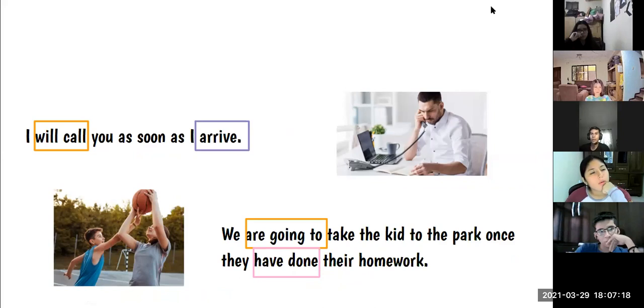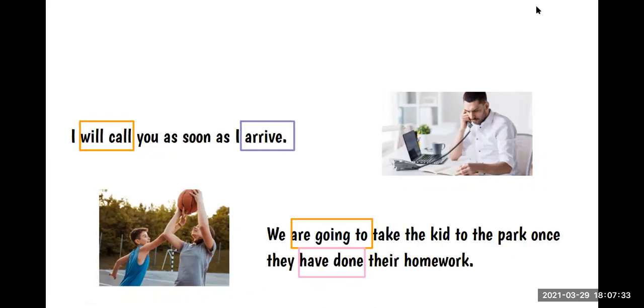Any ideas? A verb in a future way, and the second one maybe in present or past. In the present. Okay.